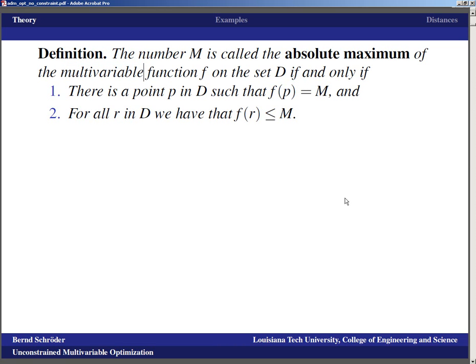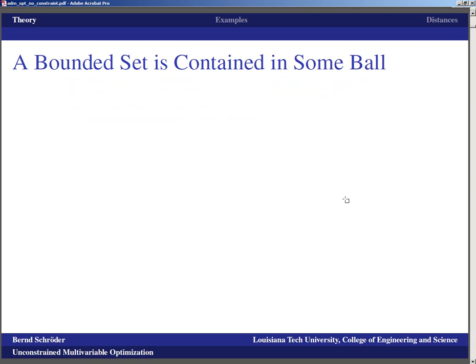All right, so when we talk about absolute maxima, we want to certainly have some kind of an assurance that we can find those things, and for that we have to dig a little bit into the theory. So first of all, we're going to define what a bounded set is, and a bounded set is a set that is contained in some ball.